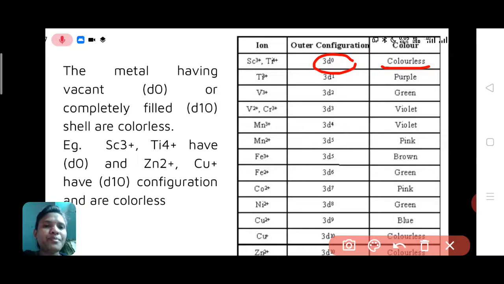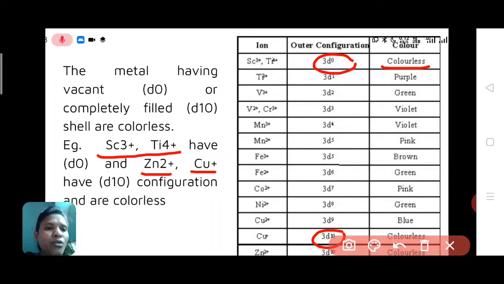This happens in the case of scandium 3+ and titanium 4+. In the same way, if we see Zn2+ and Cu+ complex compounds, Cu+ has electronic configuration 3d10, so it has no unpaired electron. Only an unpaired electron can promote from a lower energy level to a higher energy level.